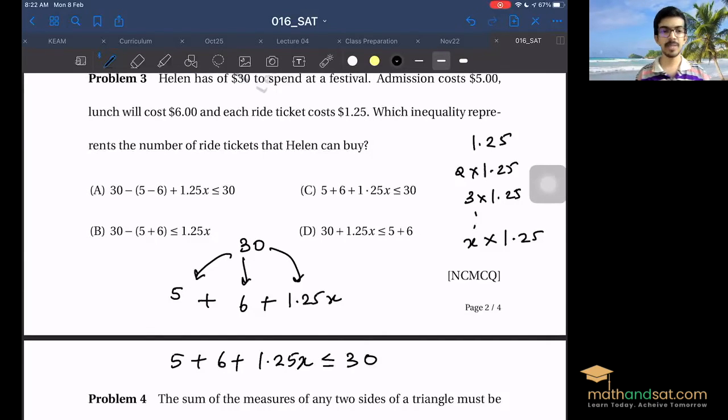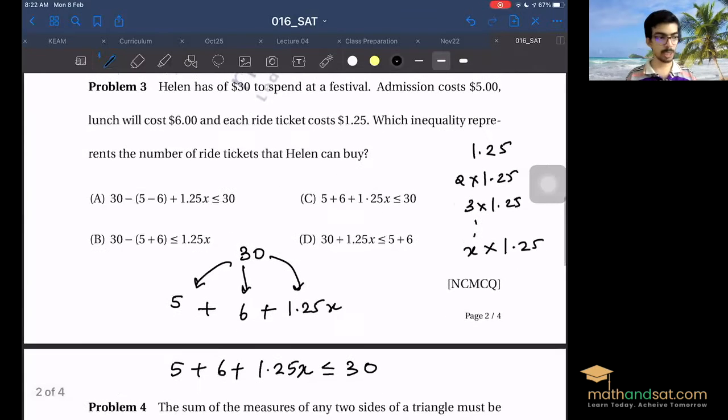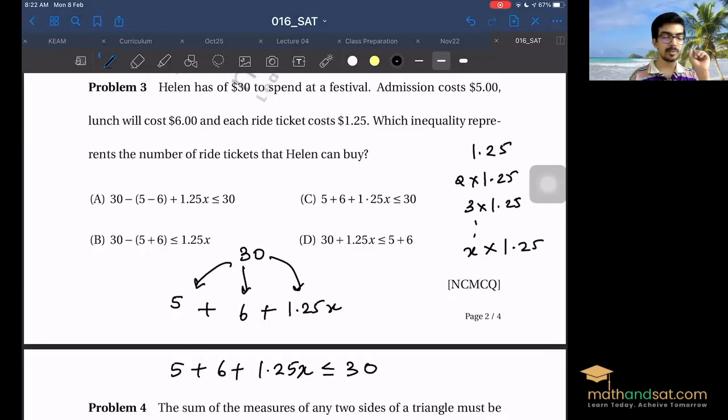You understand why this makes sense? We have written down all our expenses. There is a fixed cost to enter, an admission cost of $5. There is a fixed cost for the lunch, and the ride tickets. Each ride ticket costs $1.25.